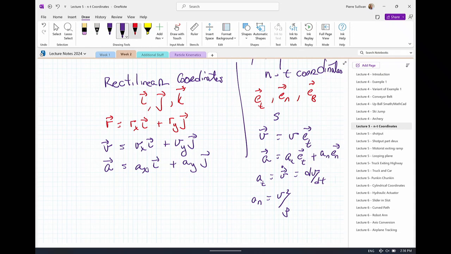Acceleration becomes more interesting because it now has a more complex form in nt. Acceleration x, acceleration y, component parts, versus acceleration t plus acceleration n in the tangential and normal directions.